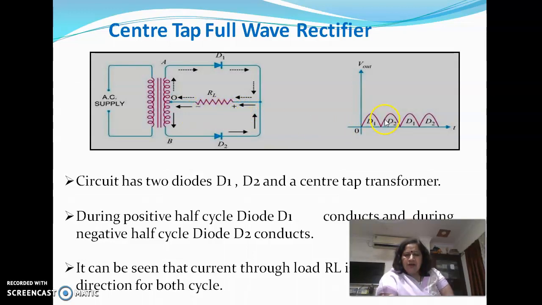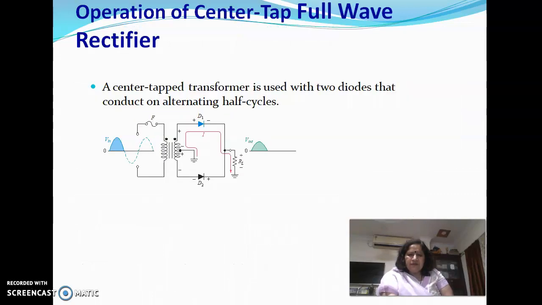So the output voltage will appear at the output in this form when the diode D2 conducts. We can see the direction of current for both the positive and negative half cycle through the load resistance is in the same direction.